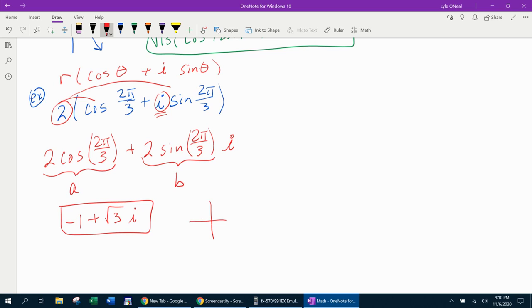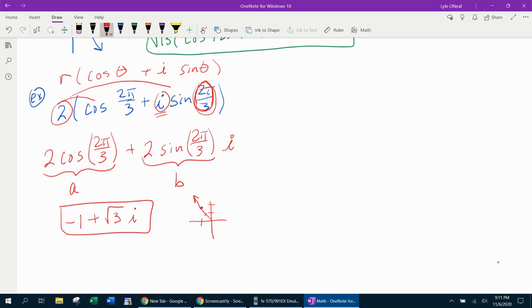Negative A, -1, positive B, and I happen to know that square root of 3 is about 1.7. So that's going to be about there. And notice what this tells me. It tells me that I should feel good about this answer because that is the quadrant that this angle is in. 2 pi over 3 is in quadrant 2.